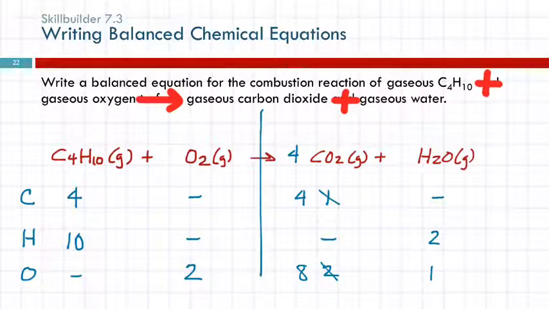I'm just keeping track of what I've got. Now I have the same number of carbons on each side. And I'll just go down to hydrogen. On this side I've got 10 hydrogens. Over here I've got 2. So I need to multiply that by 5. So 2 times 5 gives me the 10, and 1 times 5 gives me 5.